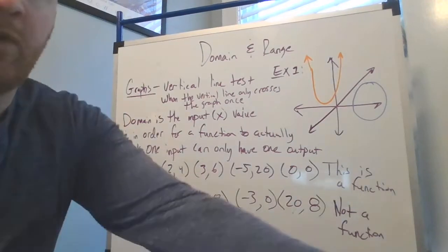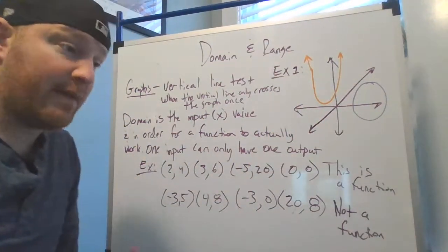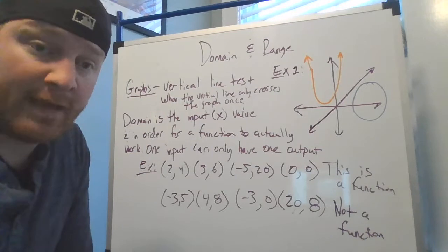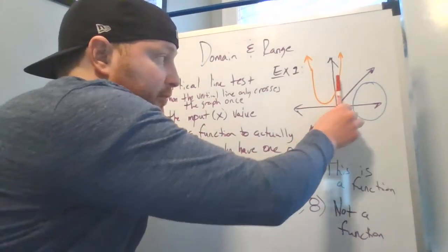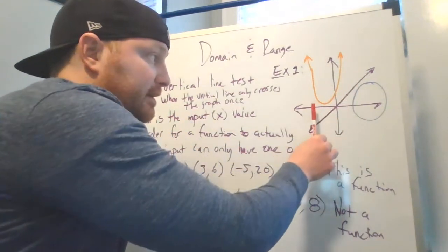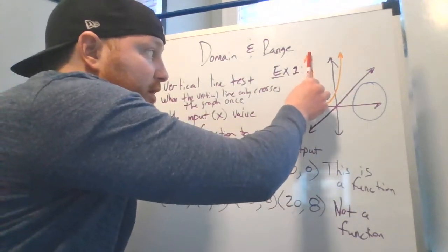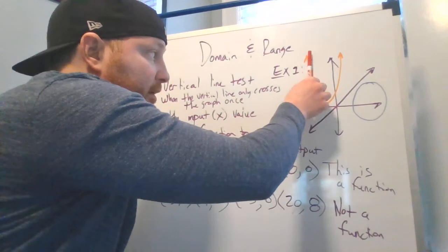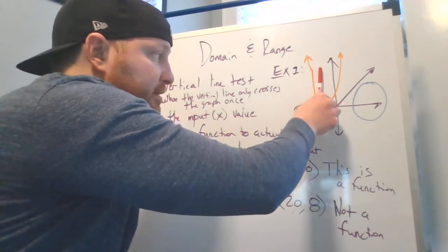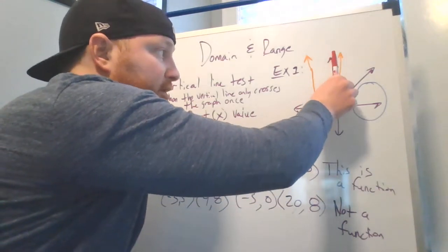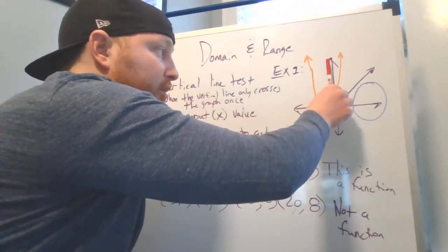So that's what that means. When it crosses the graph once, then that means it passed the vertical line test. Therefore, that given graph is a function. So this linear graph passes the vertical line test anywhere around here. So does this quadratic. All quadratics going up or down like this will pass the vertical line test, because no matter where I put this vertical line, it's only going to cross that graph once.